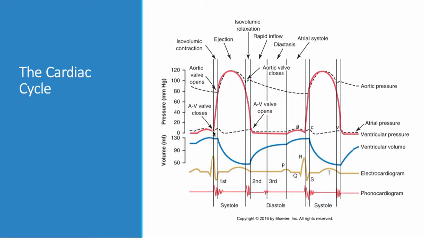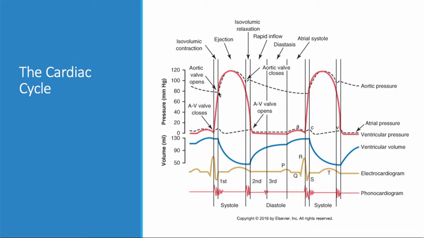What's going on instead is that when the ventricle contracts, the mitral valve closes and the tricuspid valve on the right, and that allows the pressure to build up inside the heart until the pressure in the left ventricle overcomes the pressure in the aorta, right?